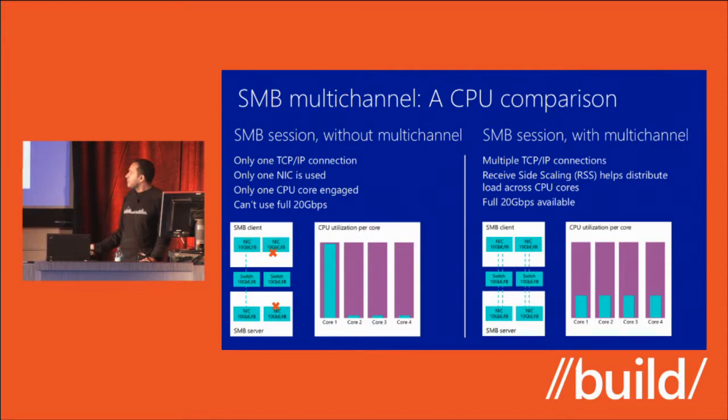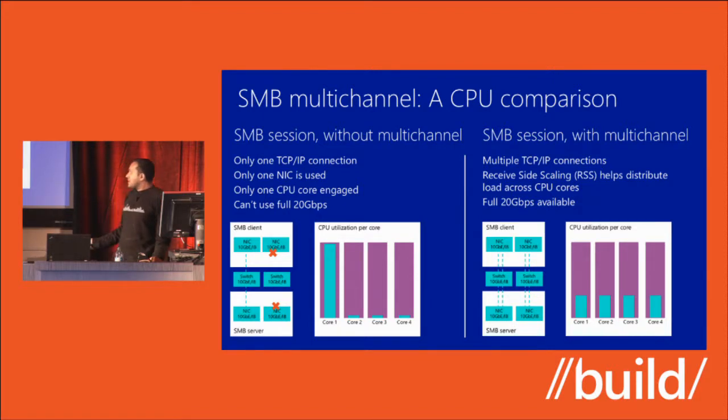NIC. Now come to Windows Server 2012. We can now establish more than one TCP connection over the same NIC, as well as make TCP connections over additional NICs. So essentially, you have 4 TCP channels here spread over 2 NICs.